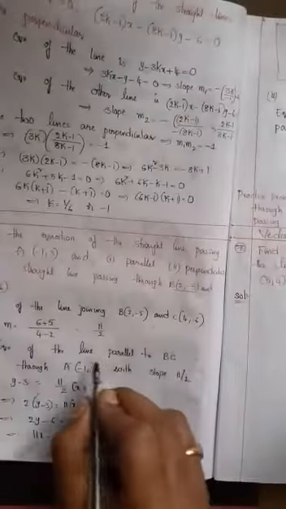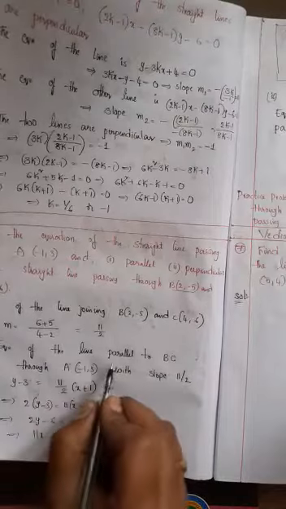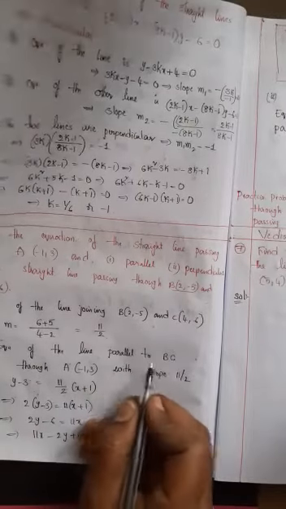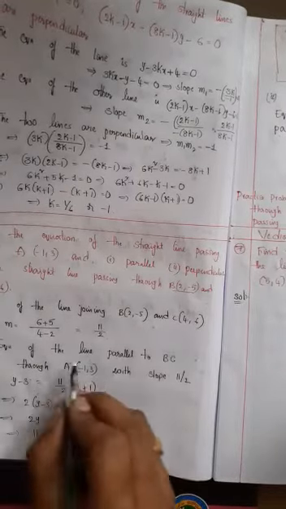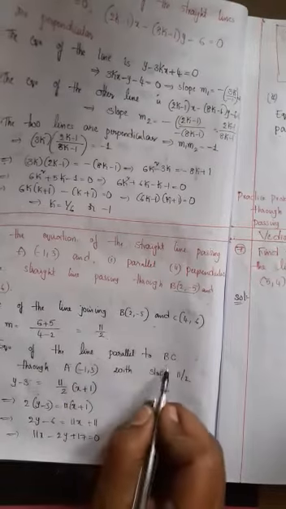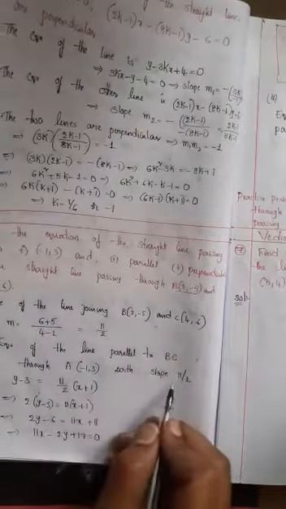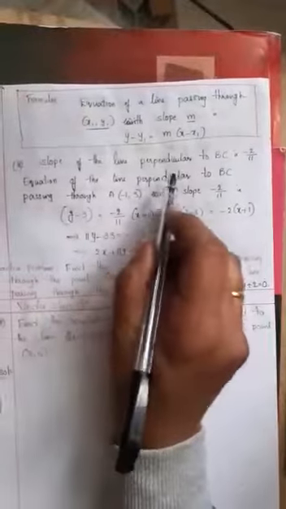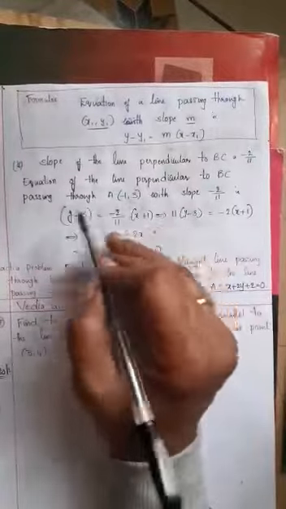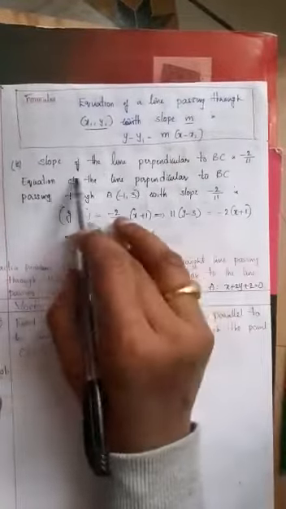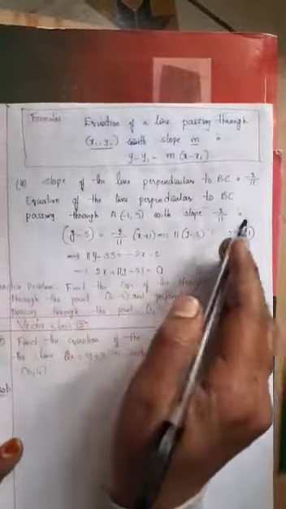Here we are finding the equation of the line parallel to BC. Parallel to BC means what? This line's slope is equal to the BC line's slope. So therefore here the slope is 11 by 2 we considered. Here we have to find the equation of the line perpendicular to BC. What is the slope of the line perpendicular to BC?